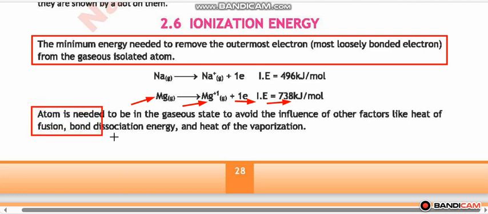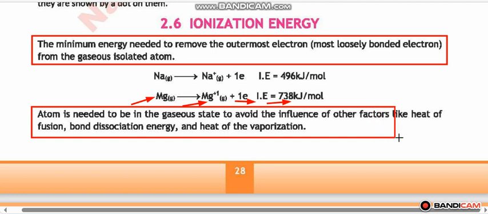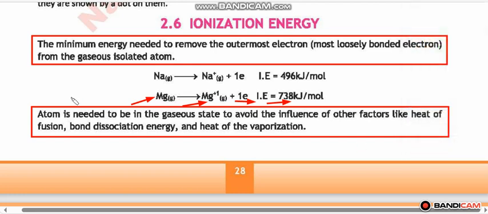Now the atom needs to be in the gaseous state to avoid the influence of other factors like heat of fusion, bond dissociation energy, and heat of vaporization. The question arises why the atom should be in gaseous and isolated state. The reason is that there are so many factors which can affect the bond energy of the atom.